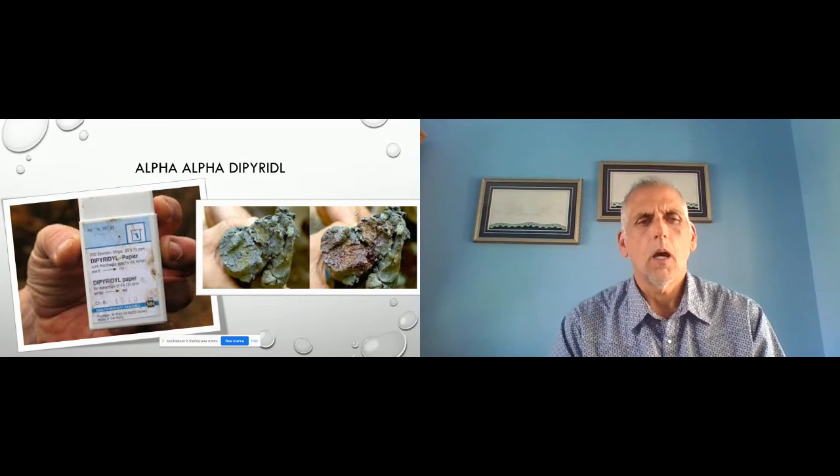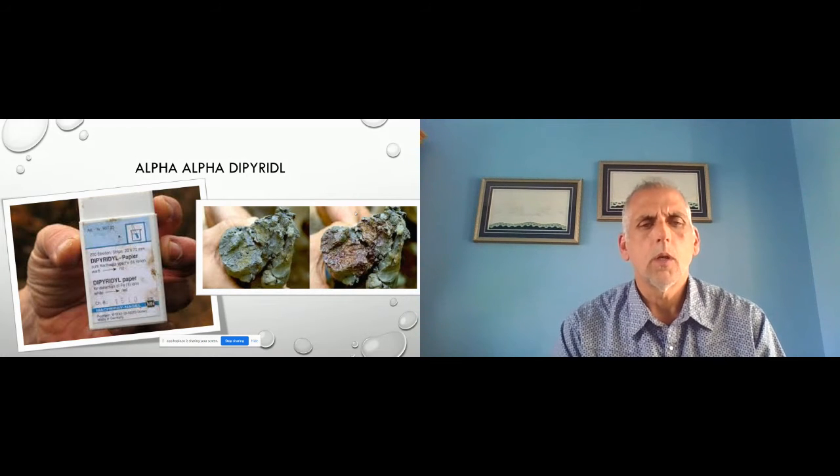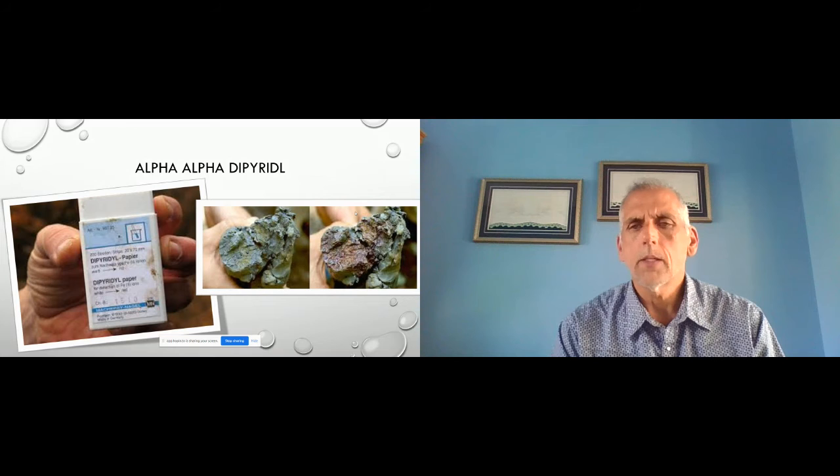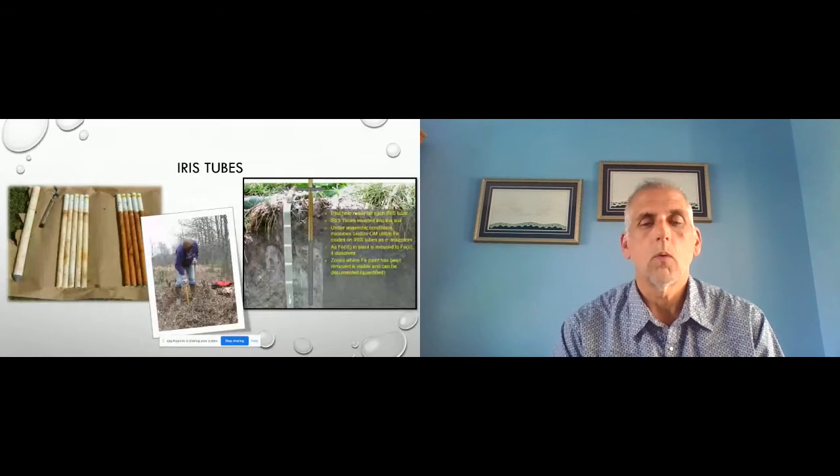There is a thing called IRIS tubes, where these tubes are coated in iron oxides. They're placed in the soil, and if the soil is saturated, then that iron oxide will become depleted, and it will become soluble, and it will move off. And so you will be able to take these tubes out and see where the actual saturation is.